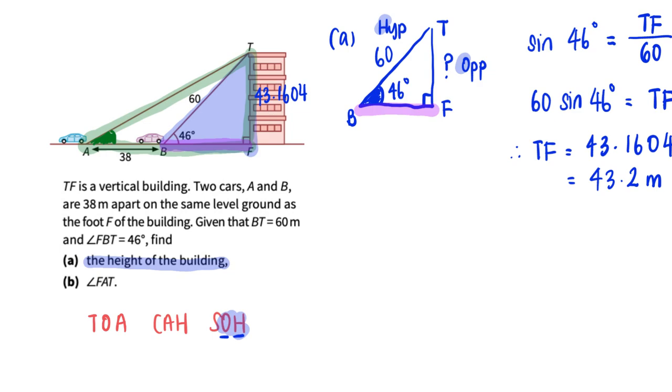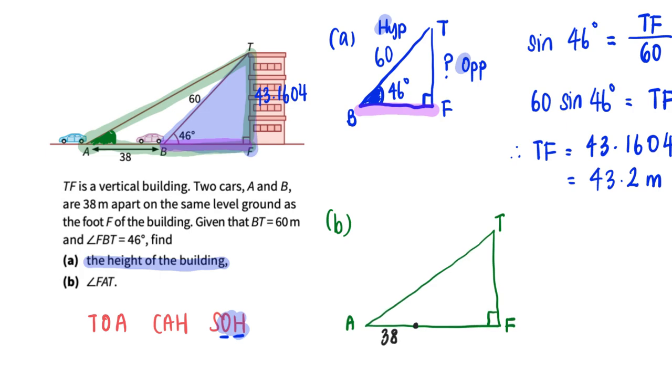Okay, so I'm going to do a rough sketch of this triangle TAF, where we already have 38 here.